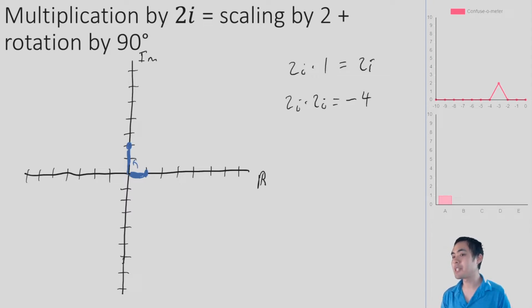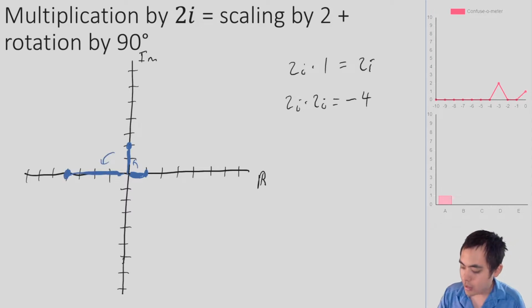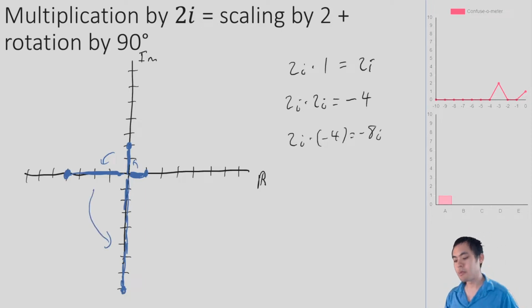And so that's 4 times i squared, which is equal to minus 4. And so then you go to here. And then when we do it again, you get 2i times minus 4, which is equal to minus 8i. And that gives you this new vector, minus 8i. And you can keep on going, but how did it become negative?